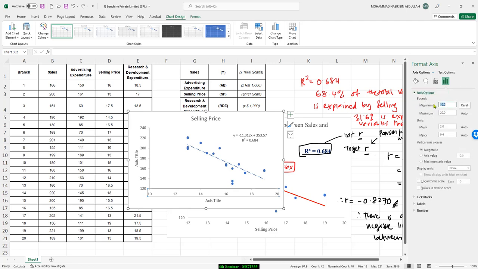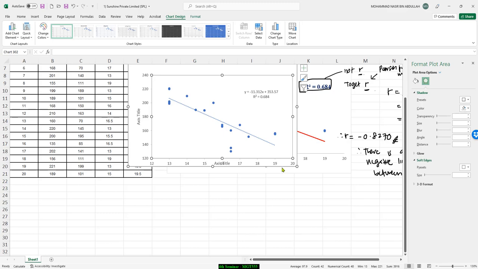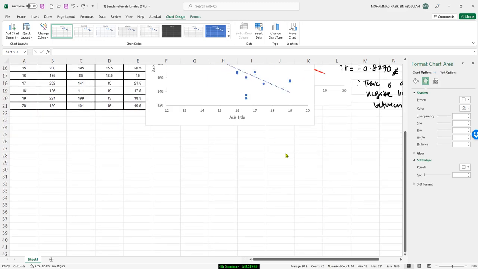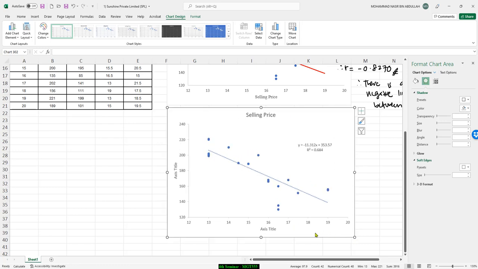Maybe this starting from 12 to 120. So I put it at the bottom. Oops, I did the same thing, just that I placed the new one down here. Right, so this is selling price, and this is going to be your sales.